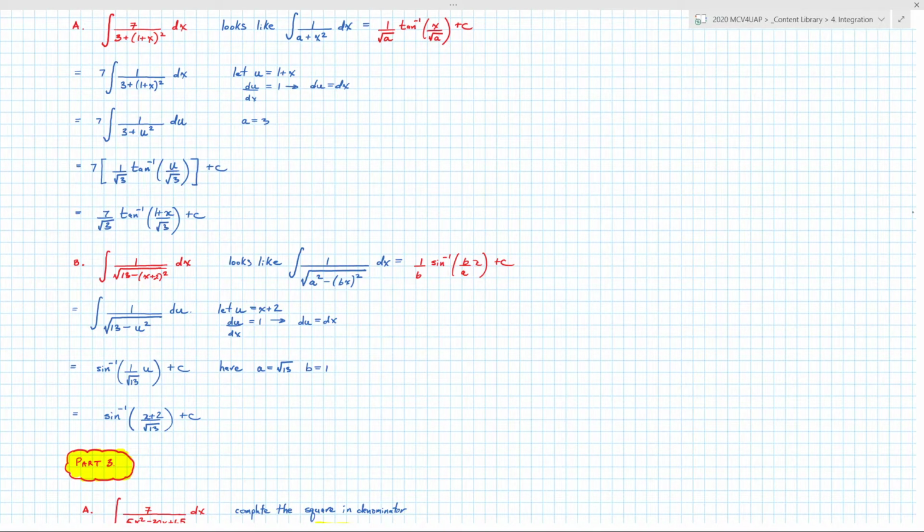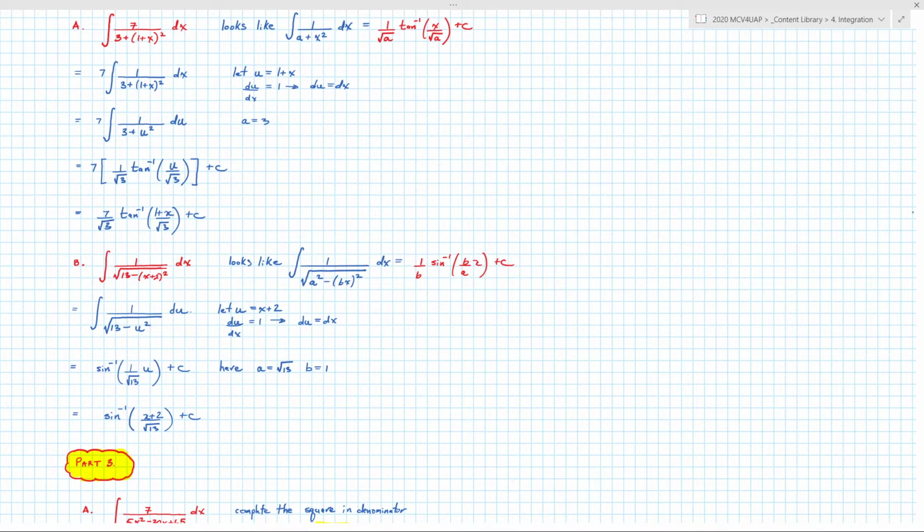So using that formula there, that integral is just 1 over b. So 1 over 1 is just a 1. Sine inverse b, which is 1, divided by a, which is root 13, times u plus a constant. And your final step is to take that u and back substitute the x plus 2.